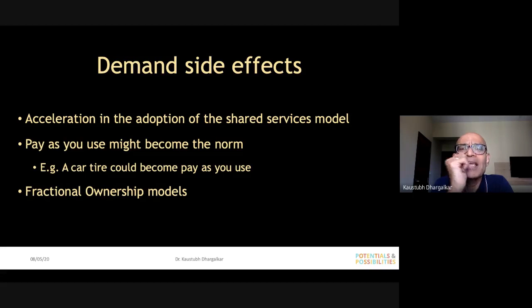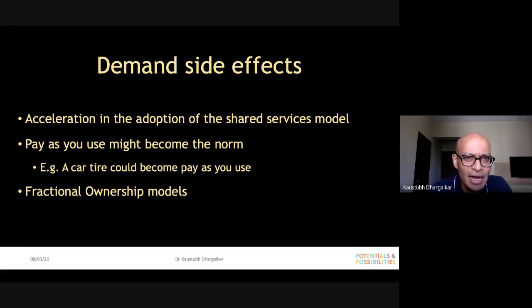Now, if the tire manufacturer said you pay me 25% upfront and all the sensors in the car capture information about how the car is being driven. Suppose the car is driven on a smooth expressway, you pay me 1 rupee per kilometer. And if your car is driven on a rough country road, you pay me 1 rupee 50 paise per kilometer.